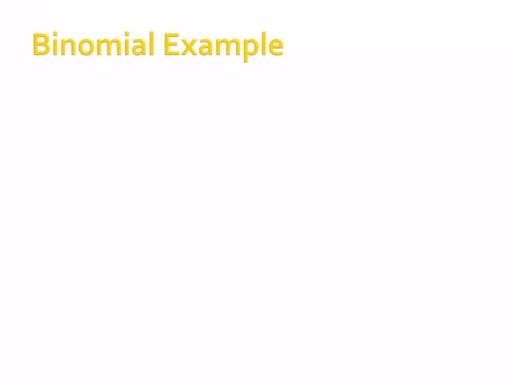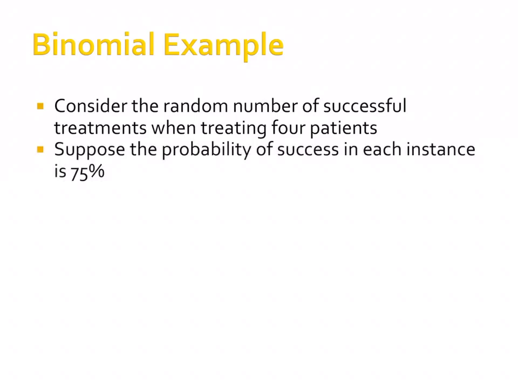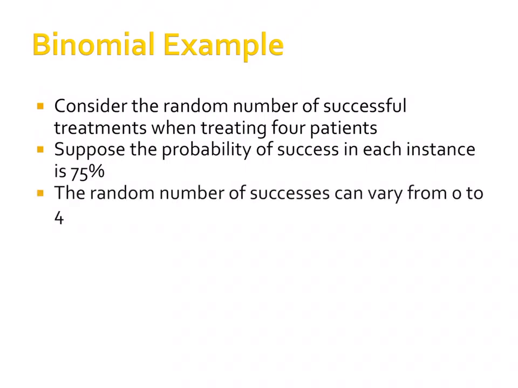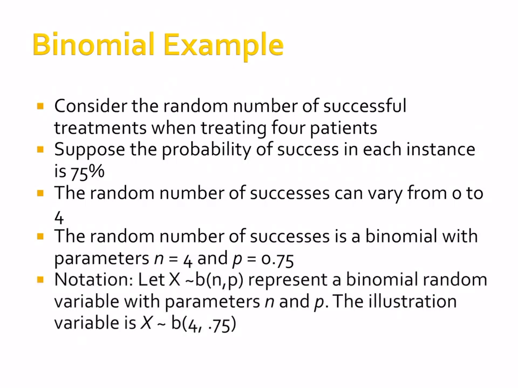So let's get right into an example here. You may have seen this one before. Consider the random number of successful treatments when treating 4 patients. Suppose the probability of success in each instance is 75%. The random number of successes can vary from 0 to 4, right? Either 0 people are successful or all 4 people are successful. The random number of successes is a binomial with parameters n equals 4 and p equals 0.75.